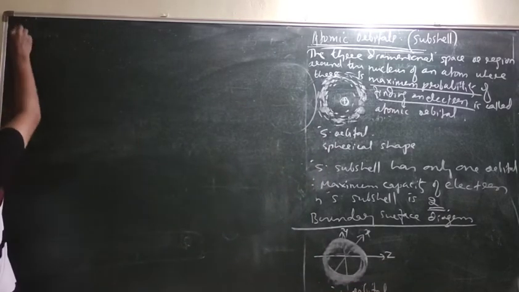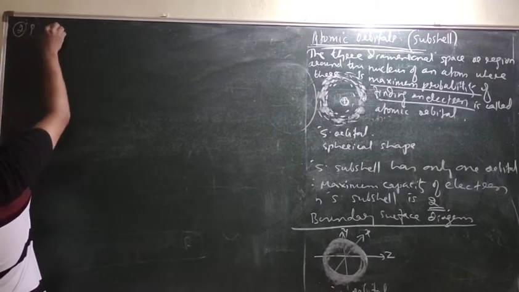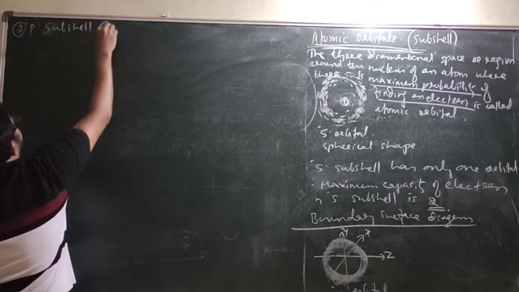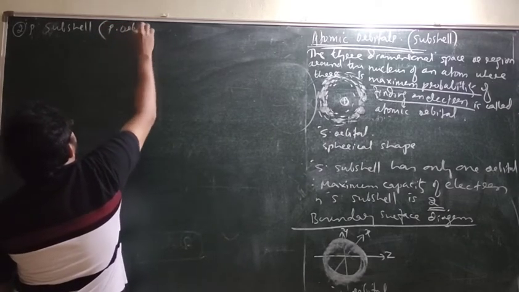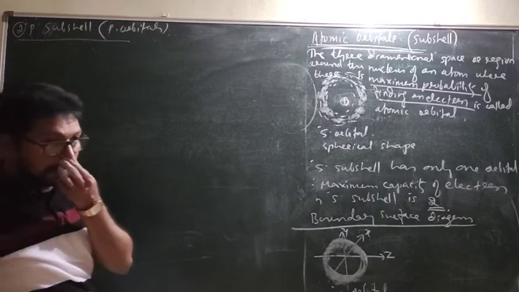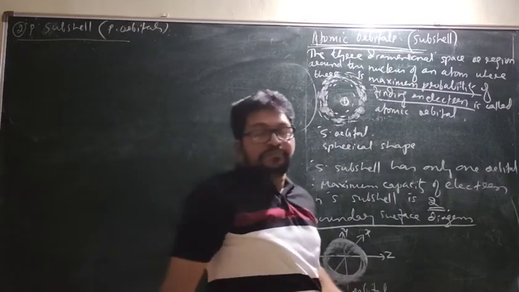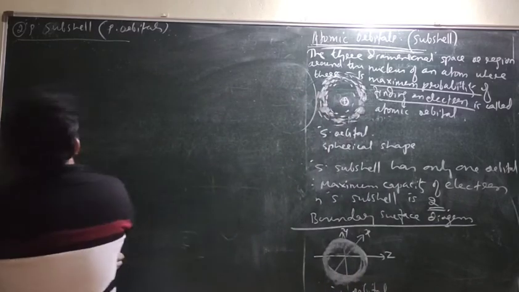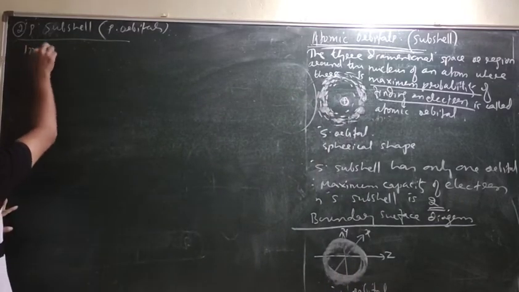Now, second one is p orbitals. P subshell, or you can say p orbitals. See, how many p orbitals are there in the p subshell?